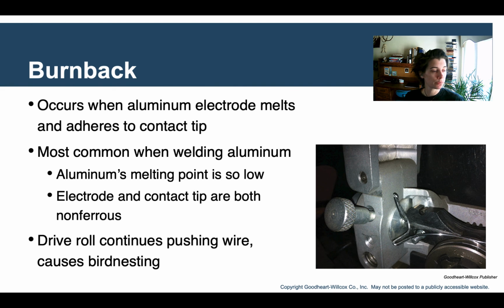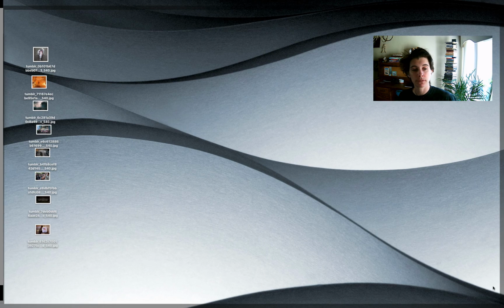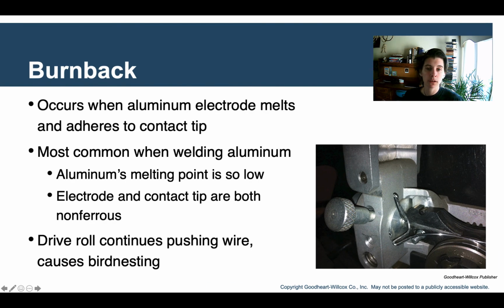Now, I was mentioning that with aluminum, the wire is so much softer, so it can be much more of a problem with feeding. You can have that bird nesting happen a lot faster and a lot easier, because that wire is so much weaker. It's not as strong to push through the whole thing. Usually it occurs when the aluminum electrode melts or adheres to the contact tip, and it stops right there, and then you try to keep welding and it backs up in the drive rollers.